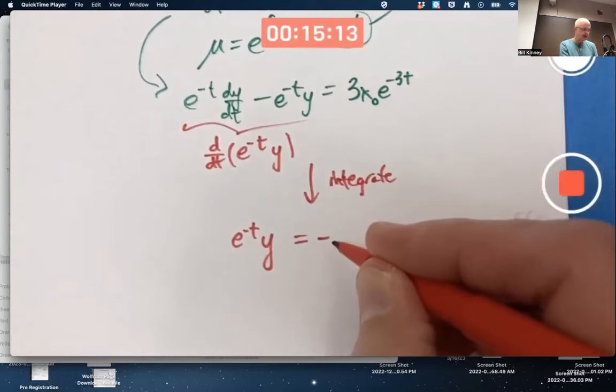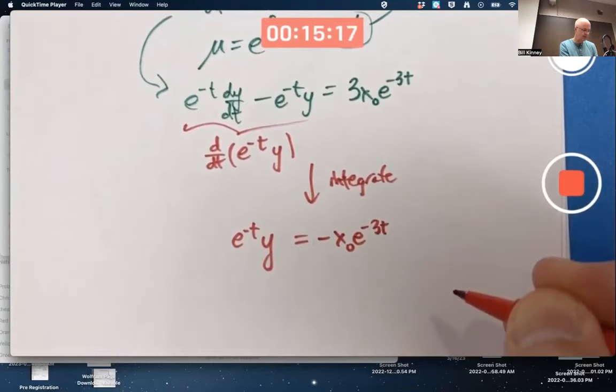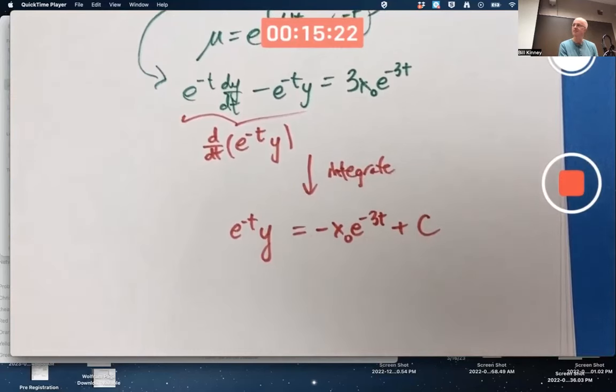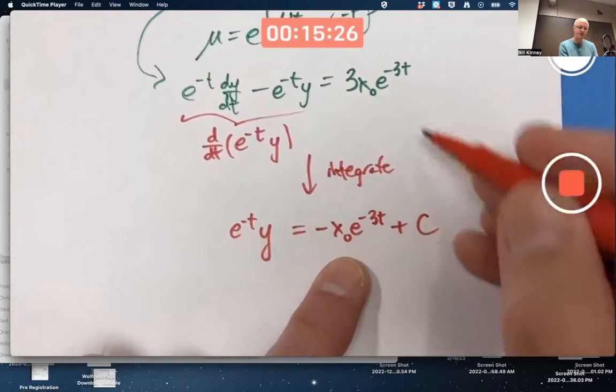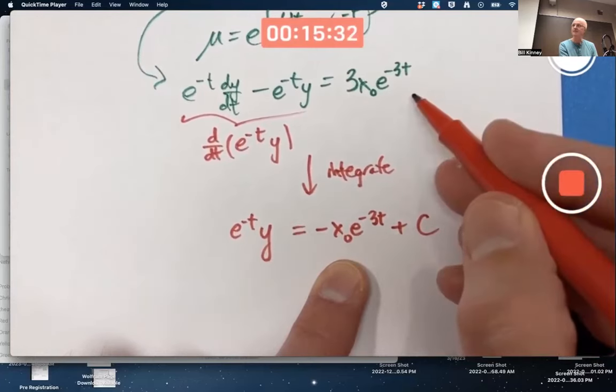You'll get -x naught e to the -3t. Plus, you do want an integration constant here, c. Right? Double check it by differentiation. You differentiate this. The chain rule gives an extra factor of -3, giving you that.